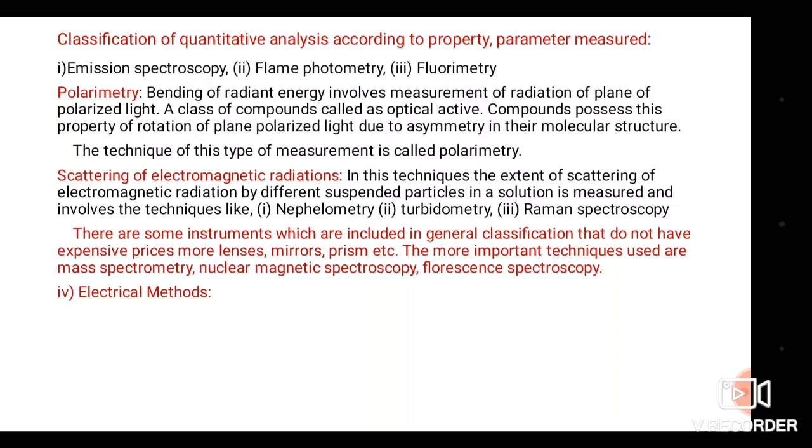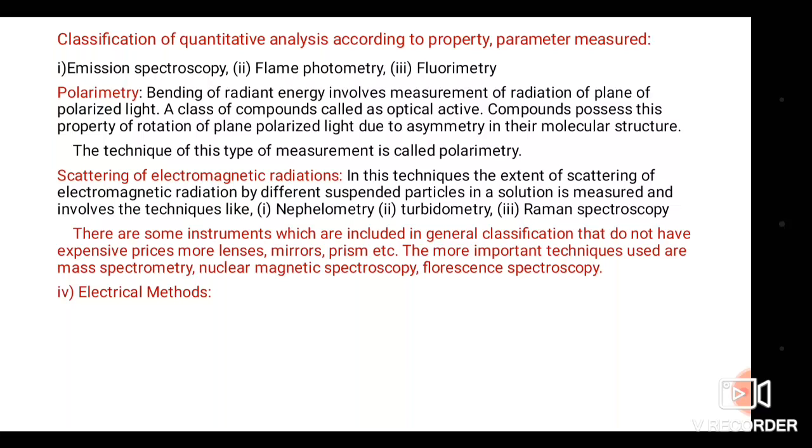Asymmetry means they have an unsymmetrical structure, that is, the central carbon atom is attached to four different groups. Such an asymmetrical structure rotates the plane polarized light. The technique for this type of measurement is called polarimetry.